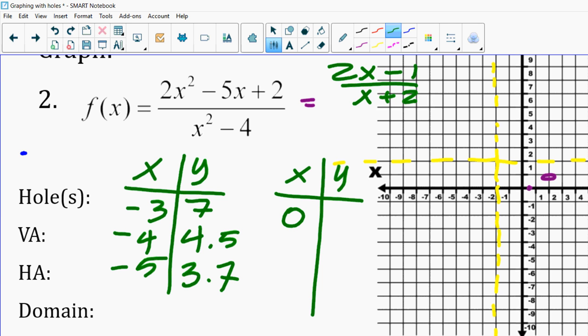When x is 0, y is negative a half. Plot those points. Negative 3, 7. There's negative 3, 7, negative 4, 4.5, negative 5, 3.7, and 0, negative 1/2.